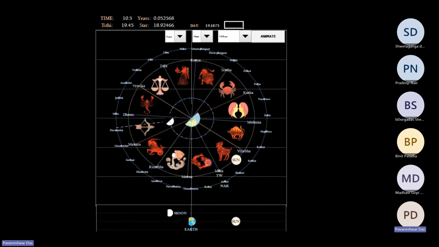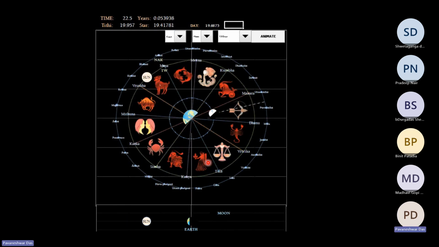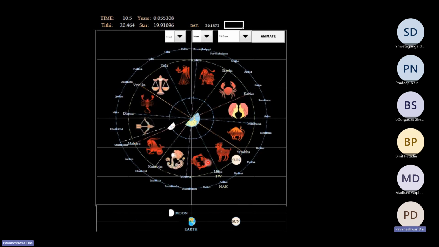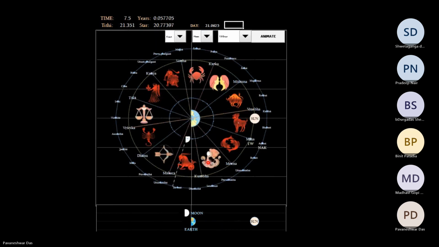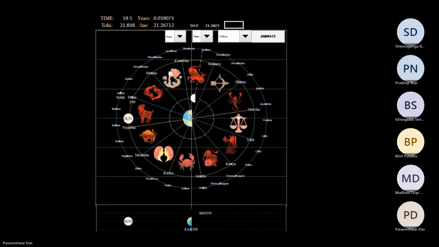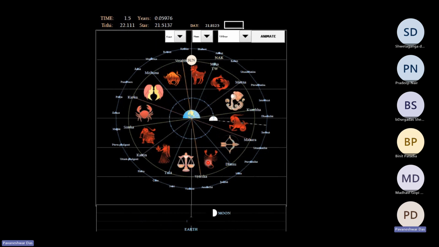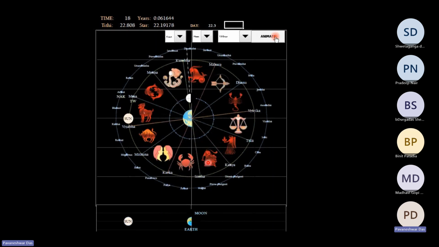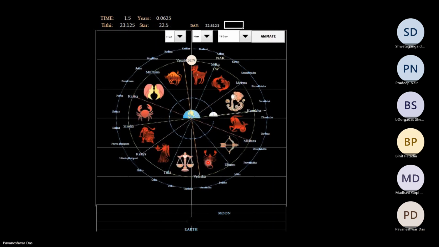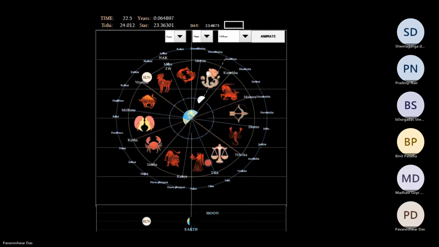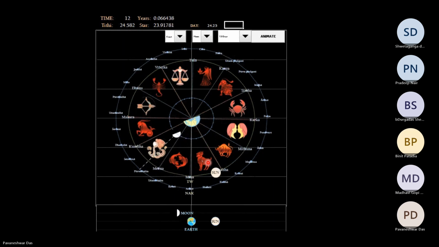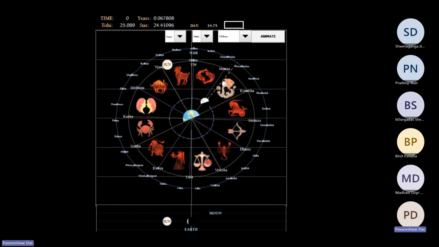3 days are over. Fourth day is going on. 4 days are over. Fifth day is going on. Sixth day is going on. So this kind of moon we see today, tonight and tomorrow, we see this kind of half moon. And it is further reducing.